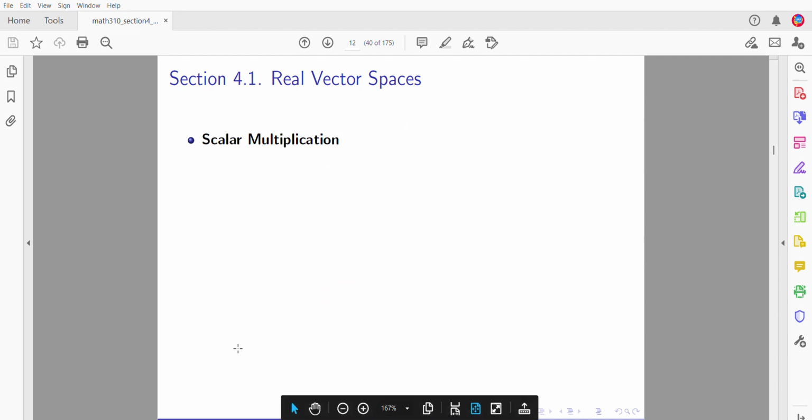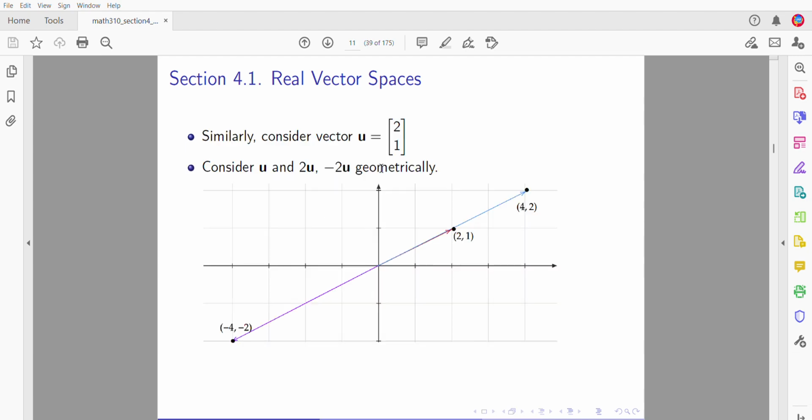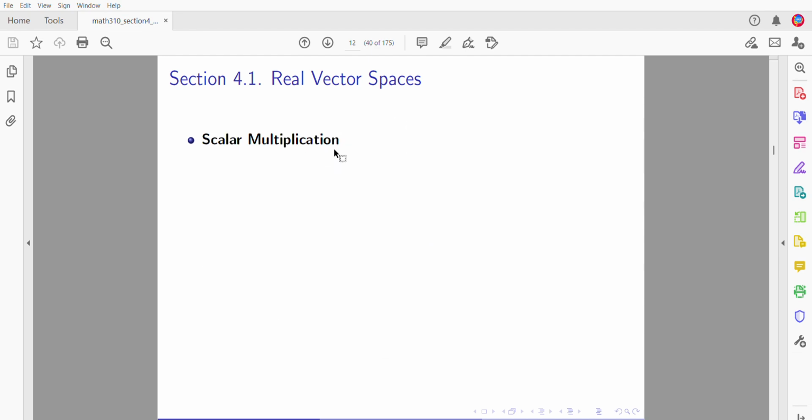Scalar multiplication. This is what we just saw. You saw this vector, multiplied it by 2 or negative 2. So scalar multiplication, given vector u1, u2, and any scalar. Remember, a scalar can be a real number or a complex number. Let's just work with real numbers because we are looking at real vector spaces.